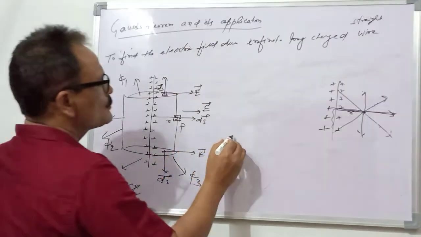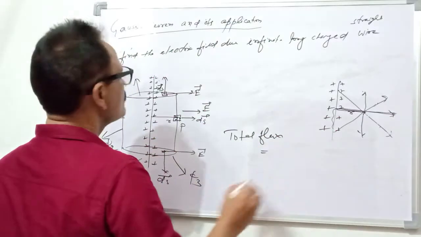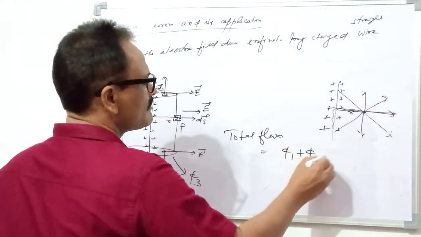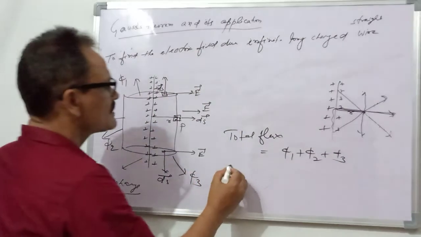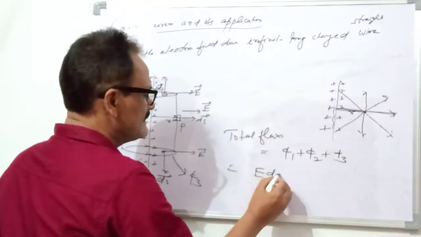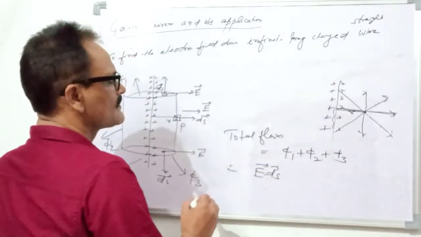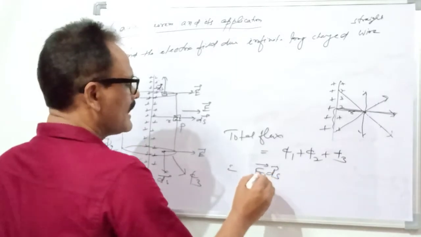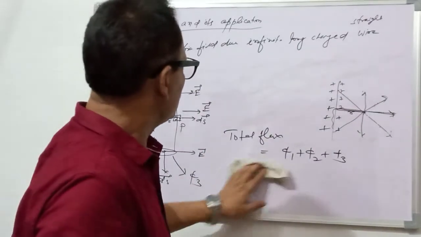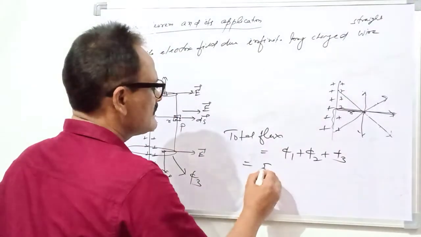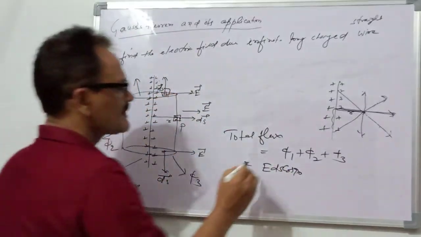So the total flux is equal to phi 1 plus phi 2 plus phi 3, and this phi 1 is E dot ds. If we take the dot product, then it is E ds cos 90, this angle is 90, and integrating we get this.